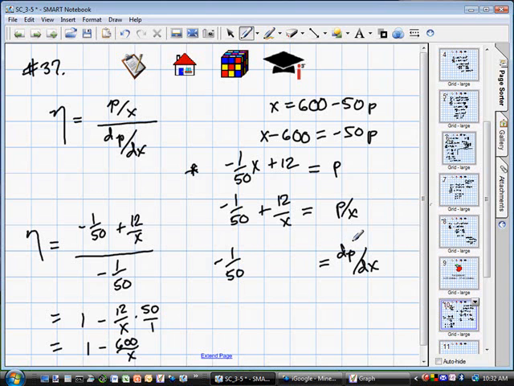Okay, let's see if I goofed there too. Anyway, what I'm supposed to be doing here is taking my p over x result and dividing it by my dp dx result.